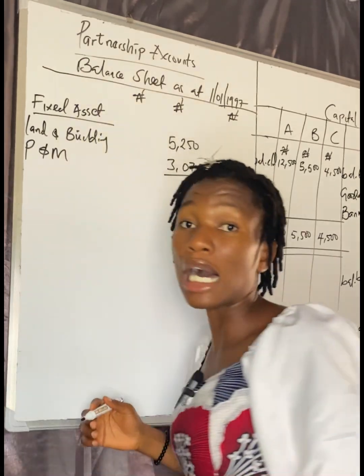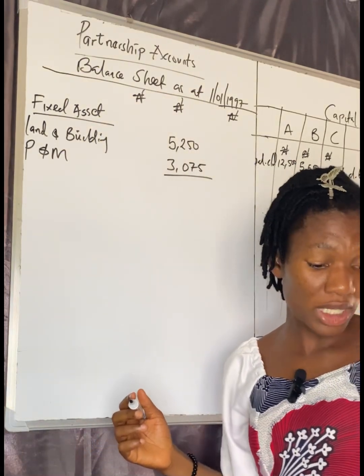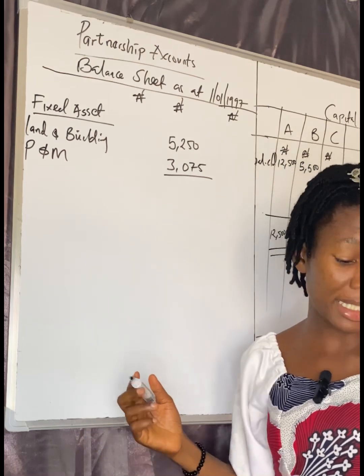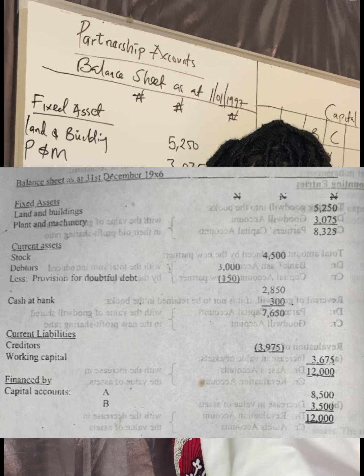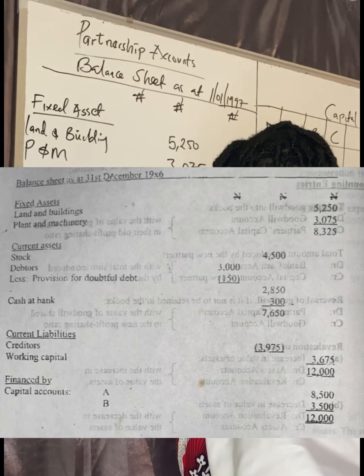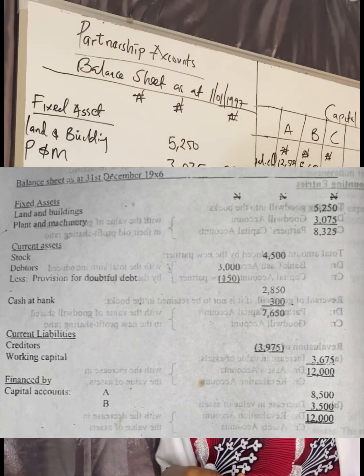This is for our fixed assets. So when we add them together, we should be having 8,325 naira. All right, that's it for fixed assets.